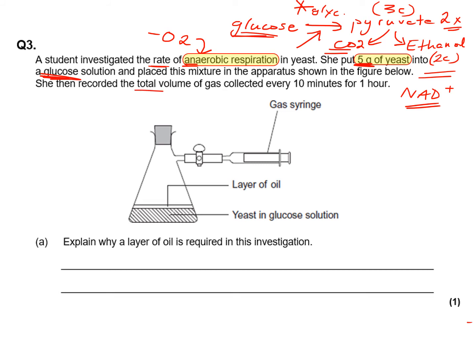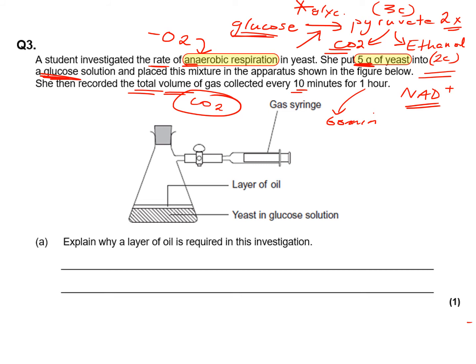So the scientist has recorded the total volume of gas collected every 10 minutes for 1 hour. So every 10 minutes, the scientist has measured the volume of CO2 gas. So I would put CO2 gas because that's being produced from anaerobic respiration. And she's basically adding the gases every 10 minutes to get a total volume up to 1 hour.